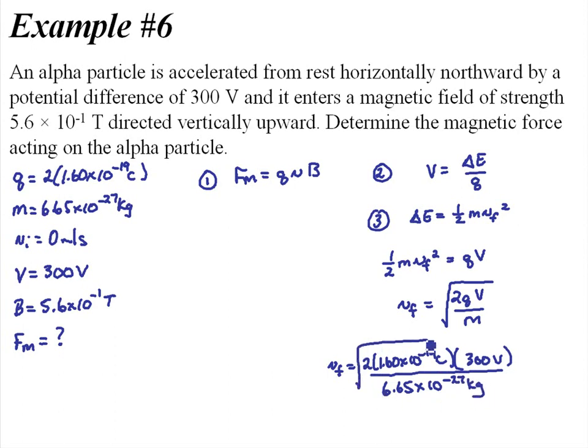Take the square root of that answer. Should give us a final velocity. And I could put this all into one formula, but it's kind of nasty. So I will do it separately.